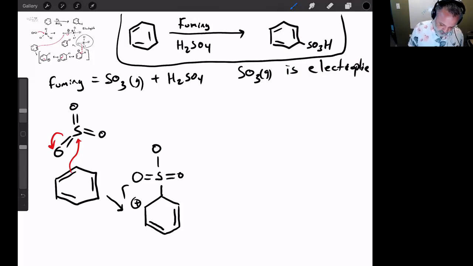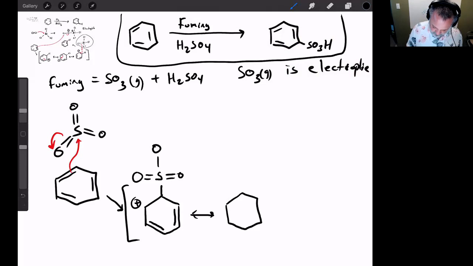So we still end up with a sigma complex. I can still show you 3 different resonance structures. This is negatively charged. This is negatively charged. The positive charge delocalizes around the ring.